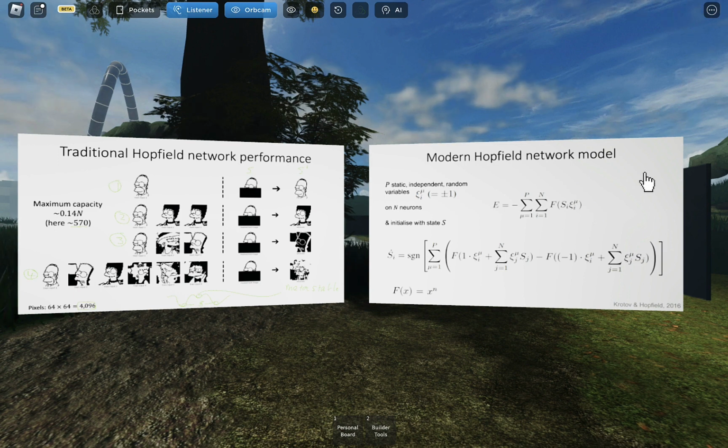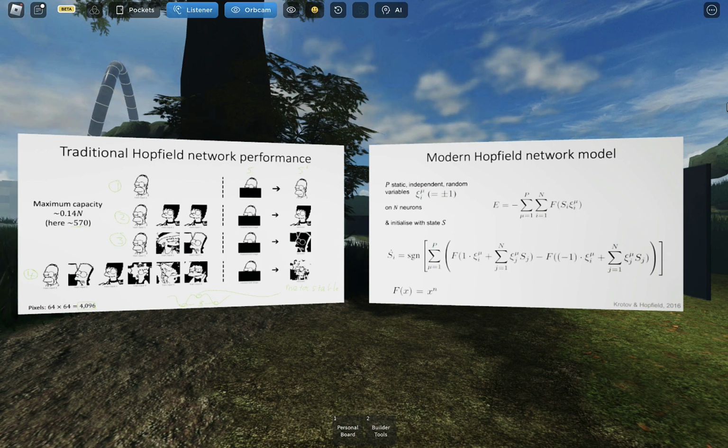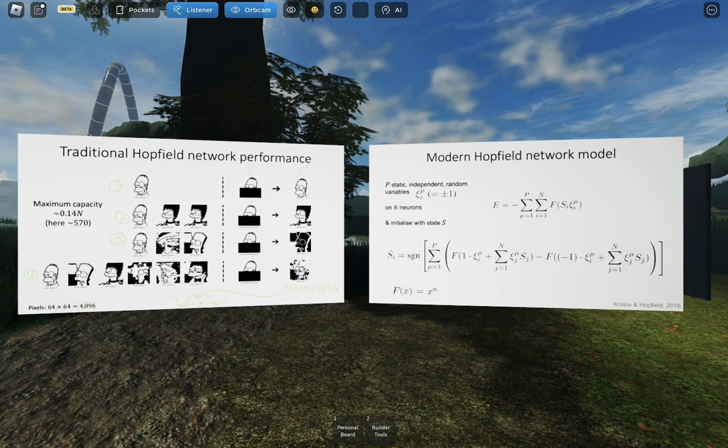So the next thing to say, this is a traditional Hopfield network. What was found in 2016 was, instead of just starting the energy function with what was essentially, as you can see a few slides ago, we're going to change it and make a sort of higher degree set of connections between the neurons.